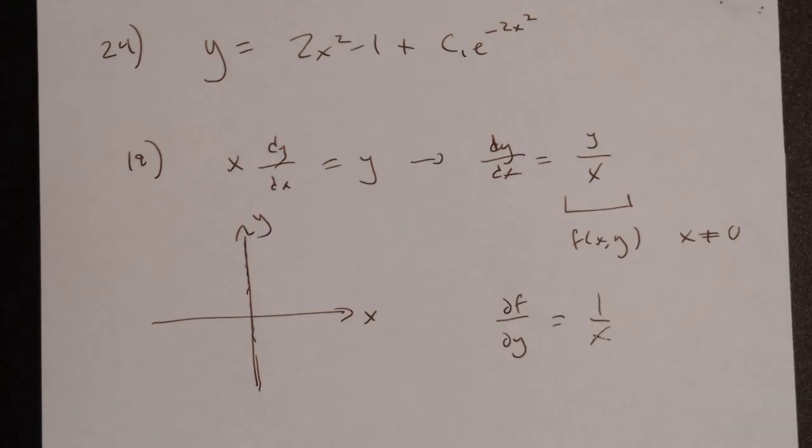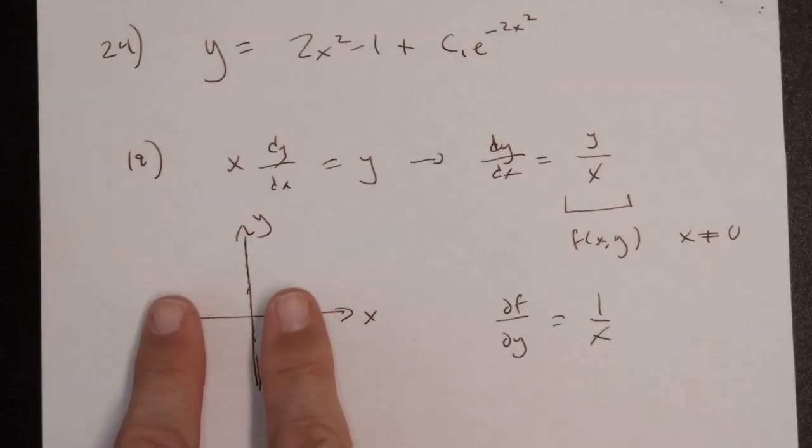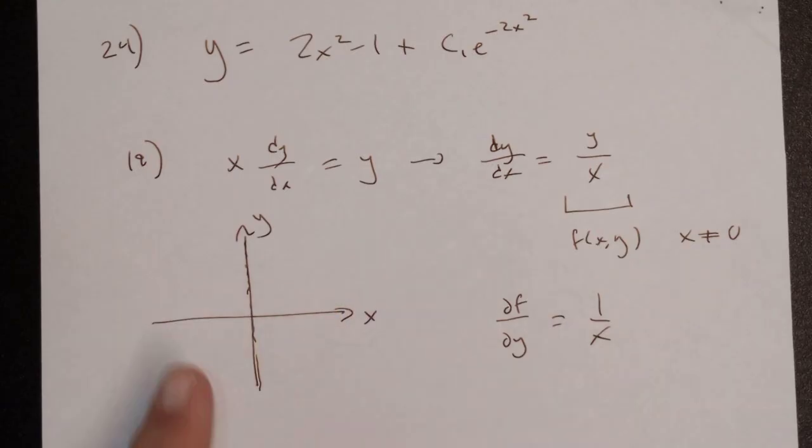So, according to the statement of my theorem on page 17, a rectangular region of the plane where both of these are continuous is an acceptable region. So I can really define two different regions, either to the left of the y-axis or to the right of the y-axis. There are two possible rectangles here.